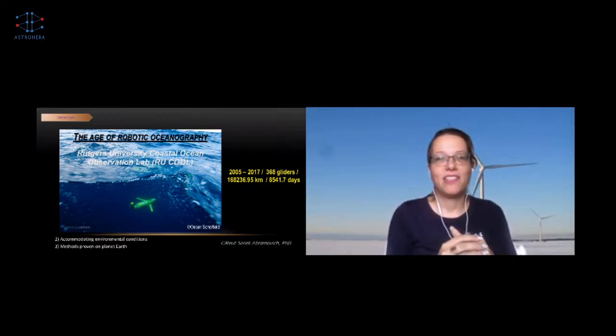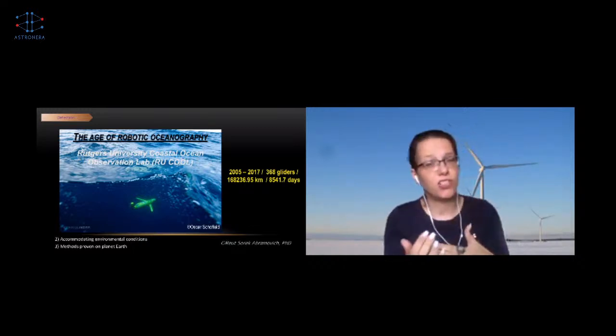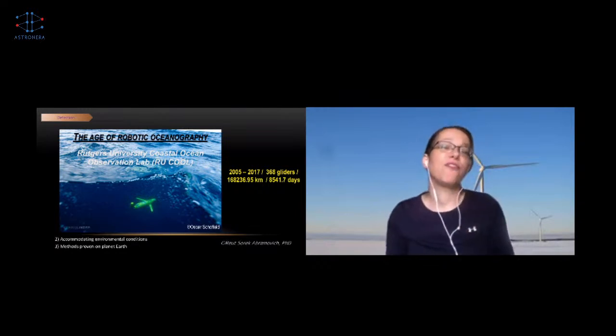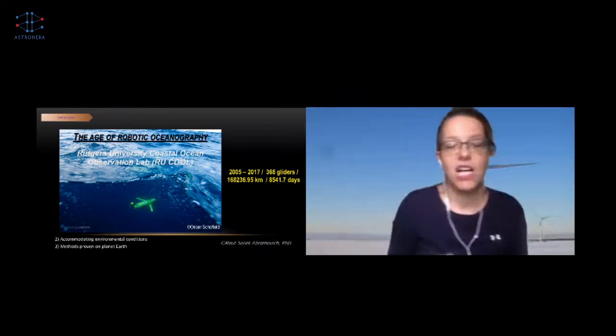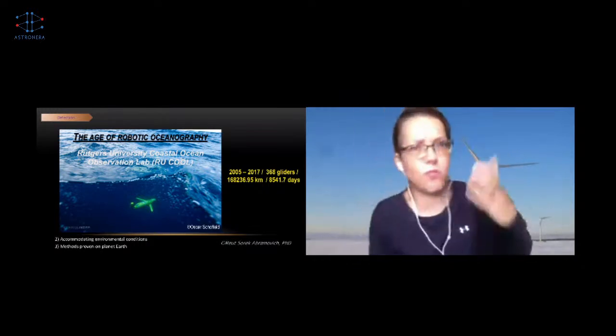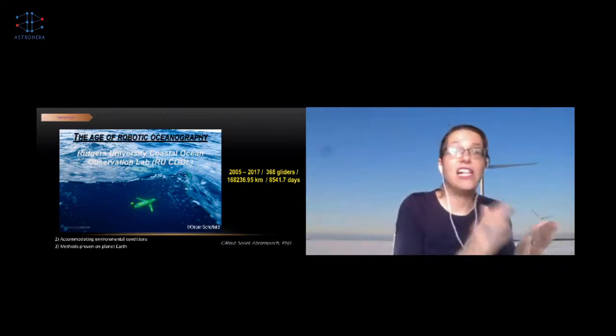Basically, these gliders know how to dive to about 1 to 2 kilometers depth, and then they record all the different physical parameters around them. They're looking at pressure, oxygen saturation in the water, maybe pH, temperature, currents, a lot of things, and they log them.